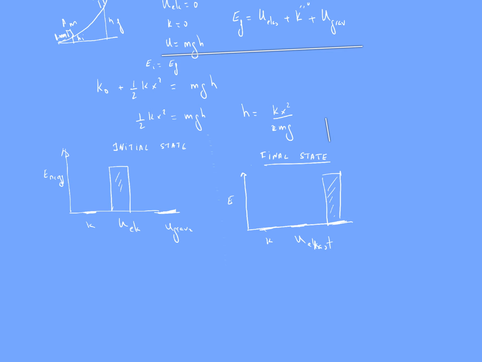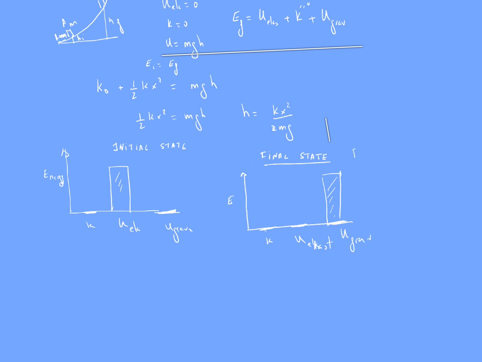So what happened here in terms of conservation of energy? In the initial state, the total energy will be only elastic potential energy. The K will be 0, and the gravitational energy will be 0. At the point B, the final state, the K will be 0, the U elastic will be 0, and the U elastic that was at the initial state is converted into potential gravitational energy, so this will be the U gravitational.